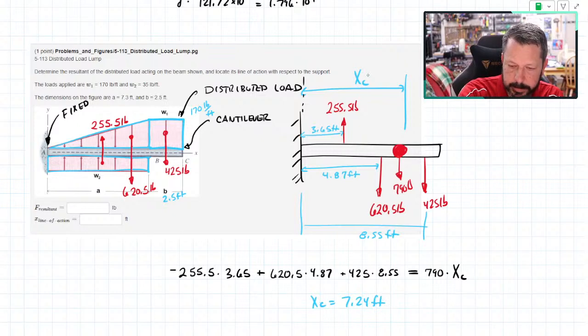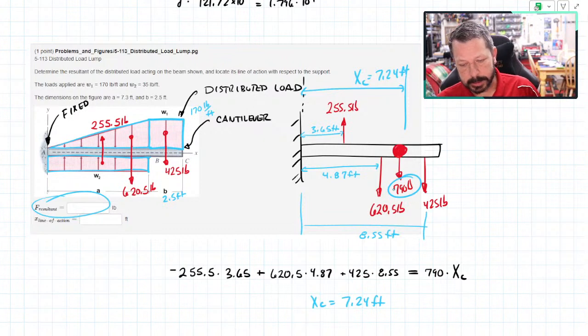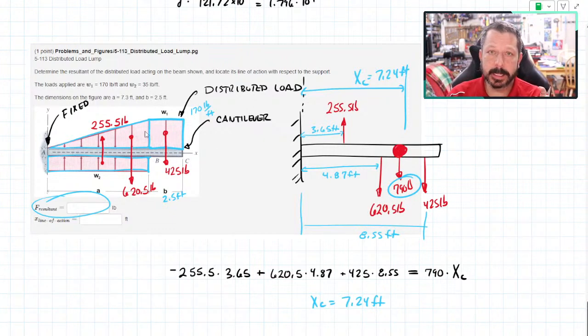And the F resultant, that's just the 790 number, the total. So if you took 790 pounds, put it 7.24 feet from the wall, that's the same effect as this distributed load over here. Same effect as far as moments go.